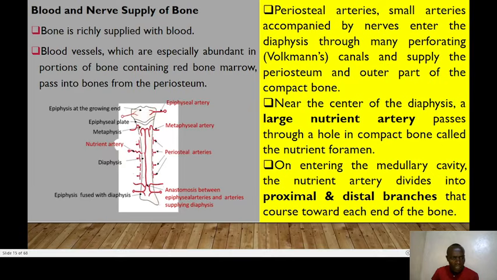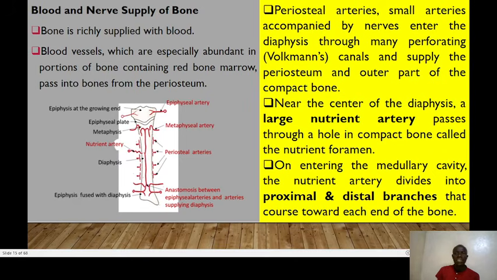We have the diaphysis, we have the nutrient artery, metaphysis, periosteal arteries, anastomosis between epiphyseal arteries and arteries supplying the diaphysis. Then you have the epiphysis fused with the diaphysis. This figure is able just to show you some of the blood supply arteries in a bone.